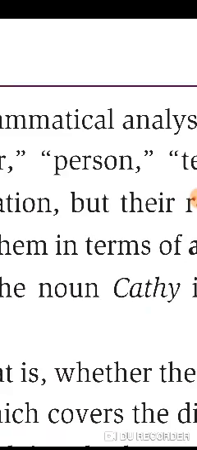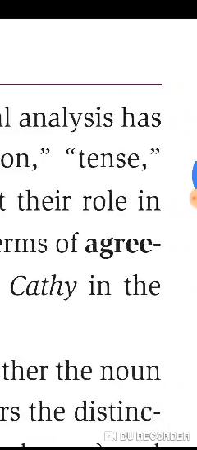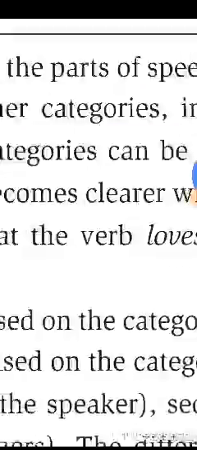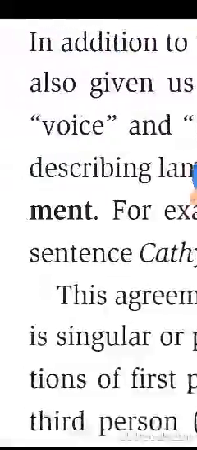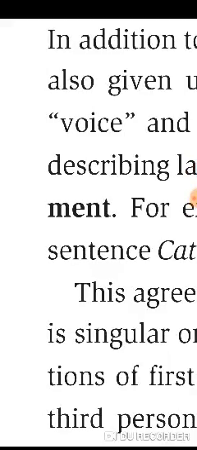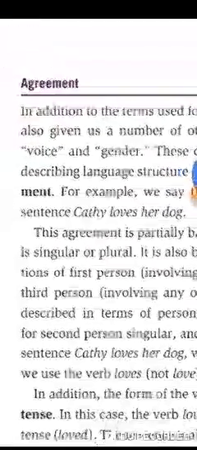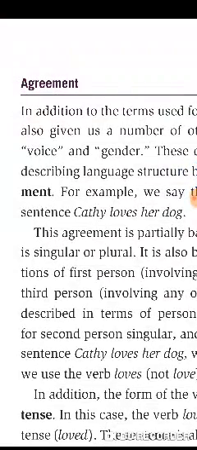The next one is tense, and I'm going to talk about these things shortly. The next one is voice, and the last one is gender. These are the things for which, in a grammar like English, Arabic, or Farsi, we need to have agreement.